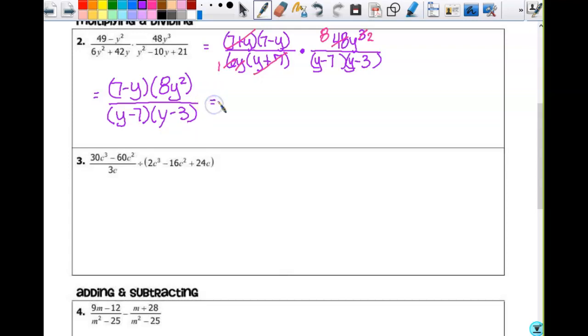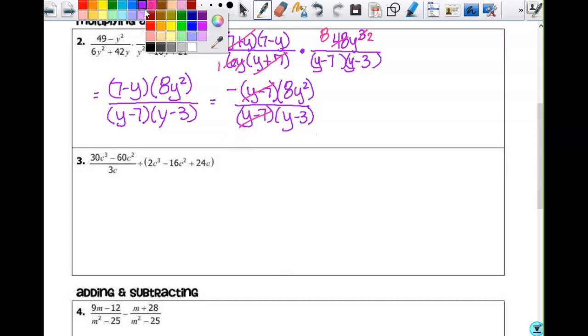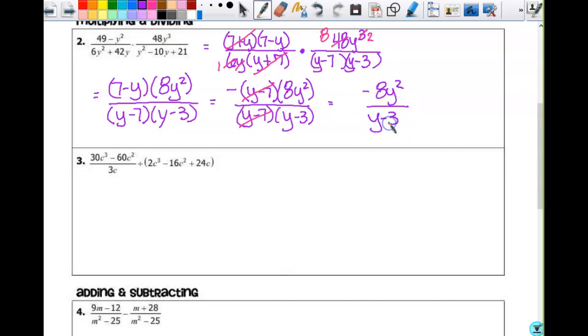So in the numerator, if I factor out a negative 1, this becomes minus 7 and plus y, so this would be y minus 7 times 8y squared over y minus 7 times y minus 3. Now I can simplify. You can cancel those out. That leaves me in the numerator with negative 8y squared over y minus 3. Can I reduce my y's?